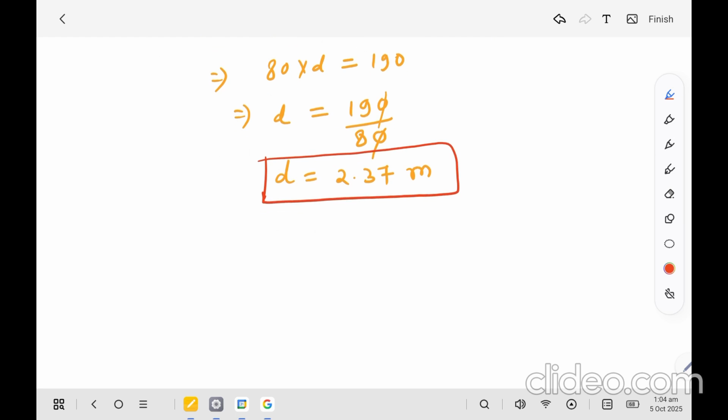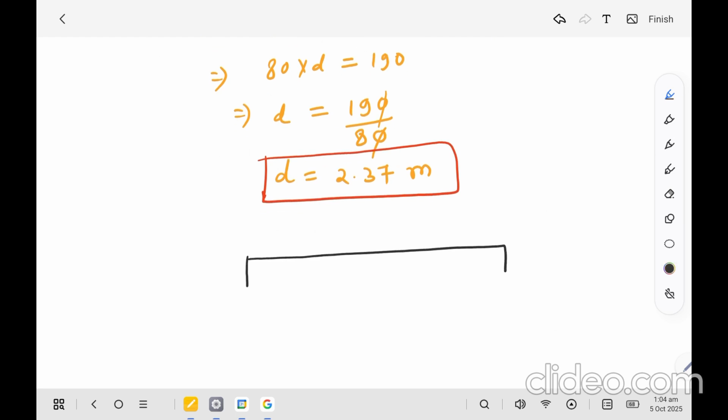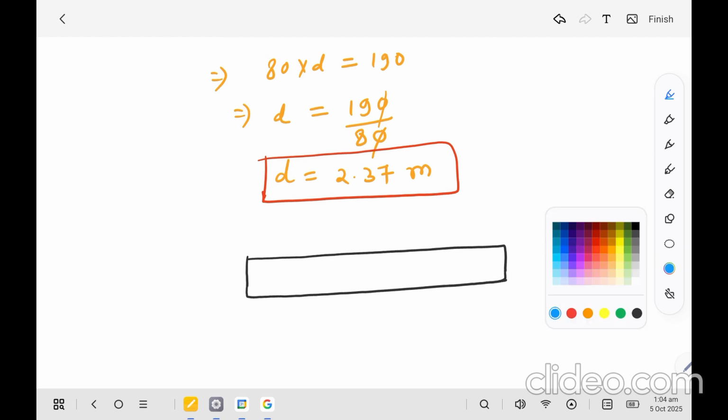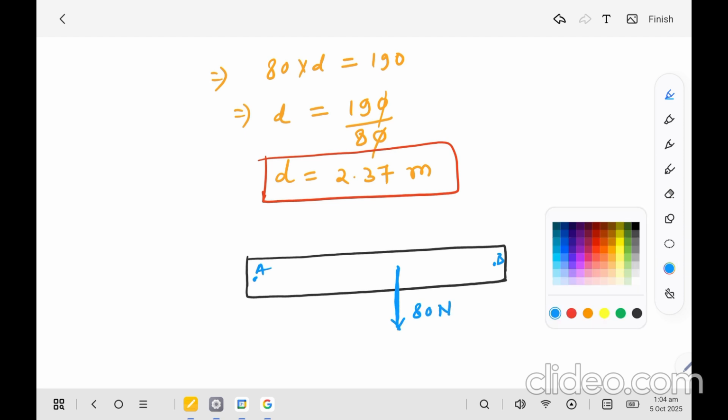Okay, so this is our system. Point A, here is point B, and from point A, so this is around 2.37 is here. Okay, so this is the value of the force, 80 Newton. Okay, so let's say this is the 80 Newton.